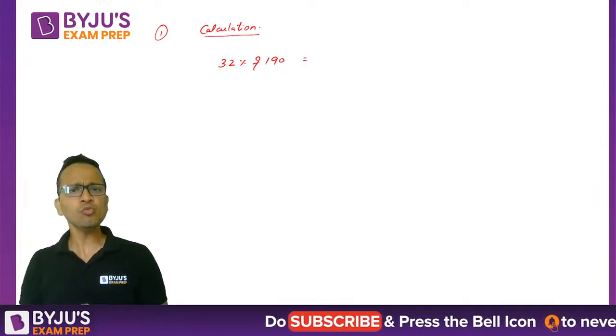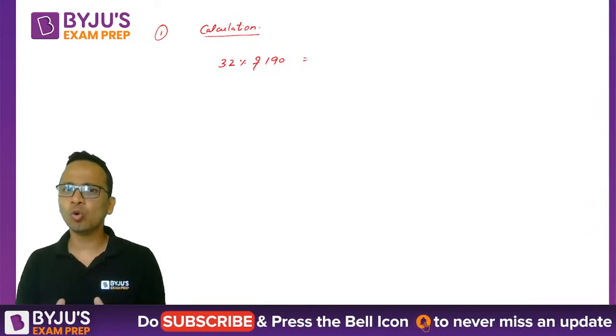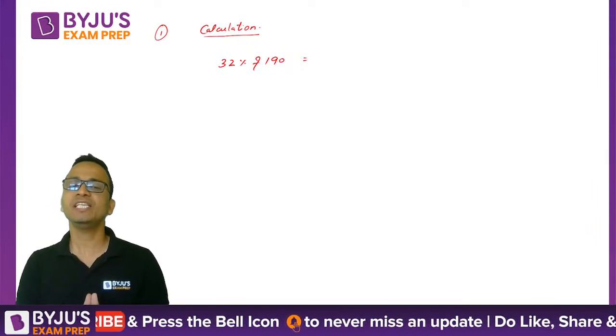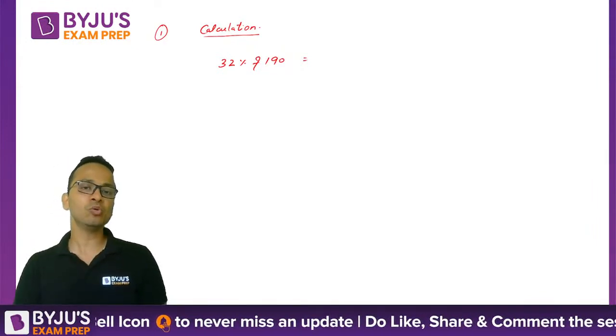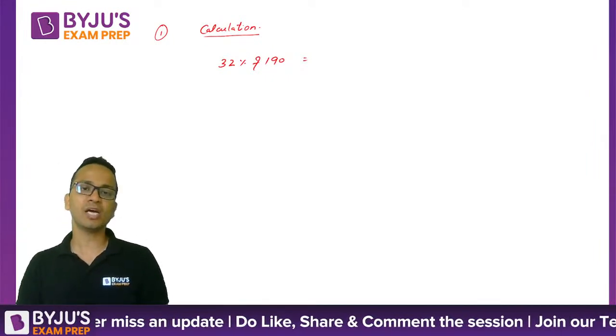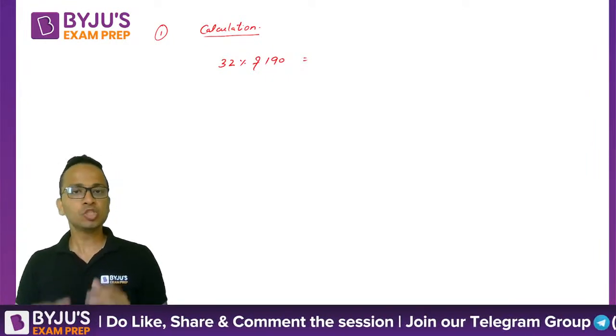So if we go with some approximation techniques, then we will be able to mark the answer in a quicker manner. There is no need to find the actual answer.